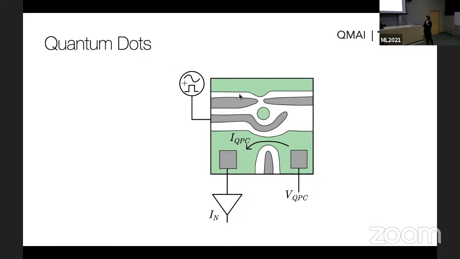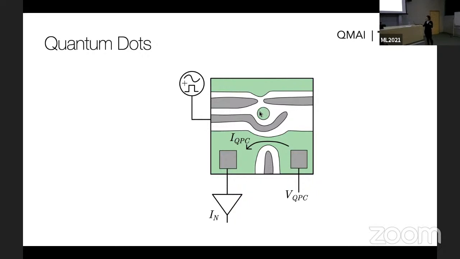So here is the picture of a quantum dot. This is the green thing schematically here. The gray things are gates that confine it. And then one way to measure them is to have a second electrode and then measure the current that passes through here to here. This is called a quantum point contact. And how it works, it's just the Coulomb thing that you know from your electromagnetic classes, right?